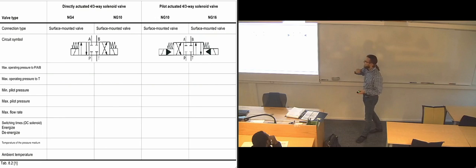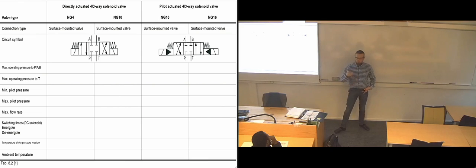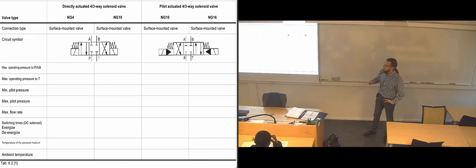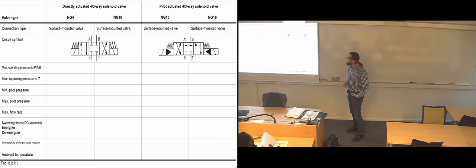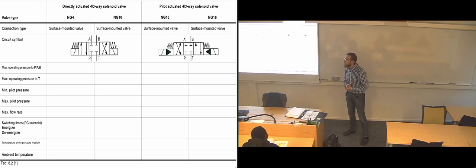But these ones are only activated once you apply electric current to the solenoid. That's the only time you are letting the pilot pressure in here, so it's more of a manual process of telling when to open and when to close. And still it has double springs, so that it's going to push back into the center whenever you let go of your electric current.